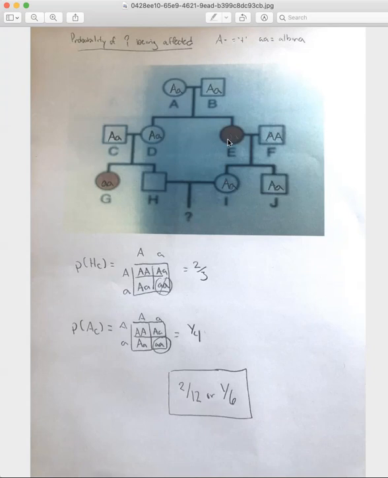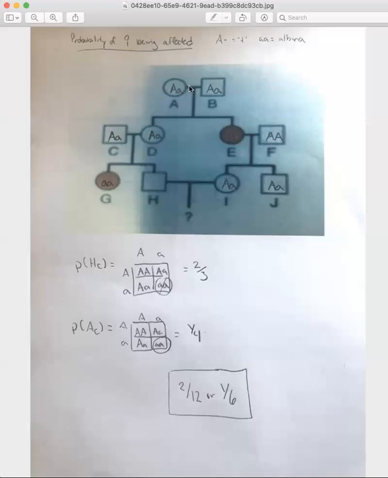Okay, so this E, it's written in pencil, so you can't see it very well, but it's little a, little a. So let's just go through and write down the genotype for E and G. They're both albinos, so we know that their genotypes are little a, little a. Each albino has to have each of their parents be at least carriers, right?